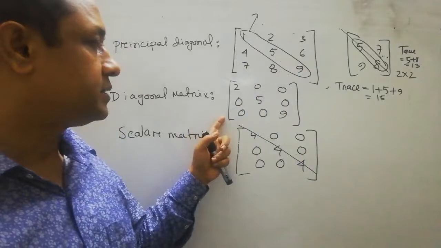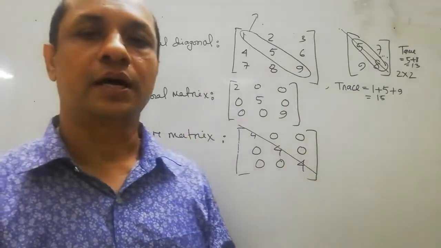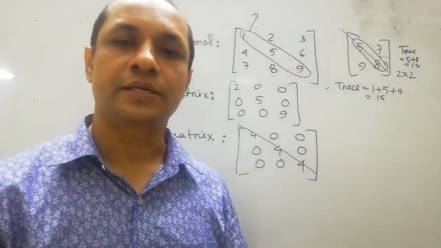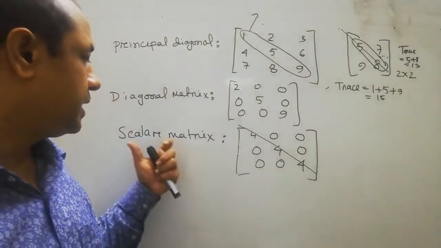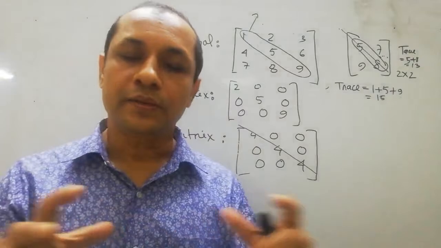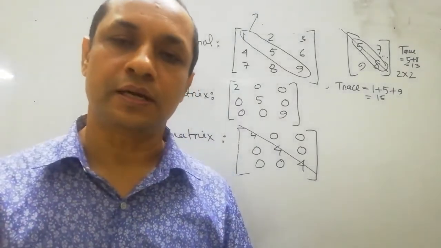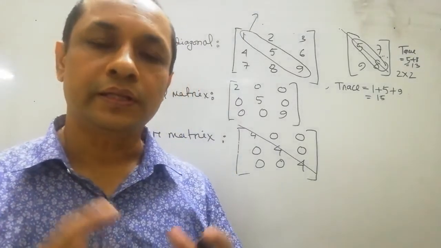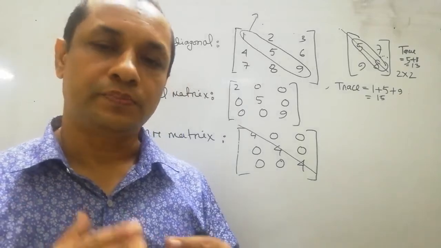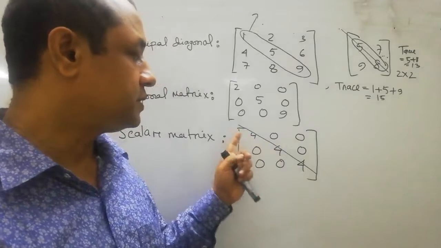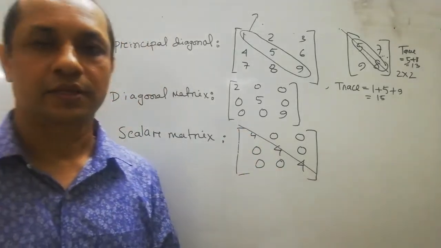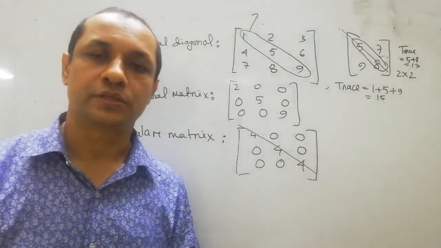Then diagonal matrix: all entries are 0 except the principal diagonal, so this is a diagonal matrix. And scalar matrix: all other entries are 0 and the principal diagonal entries are equal, so this is a scalar matrix. I hope that you are clear.